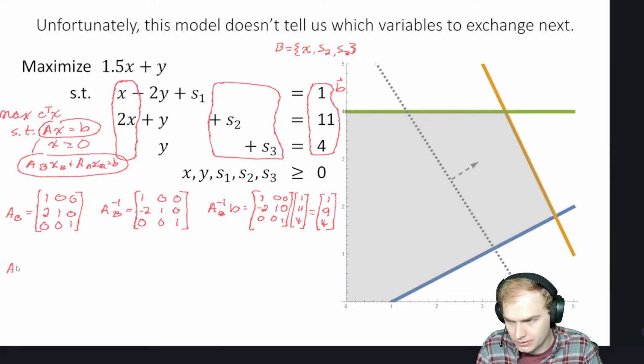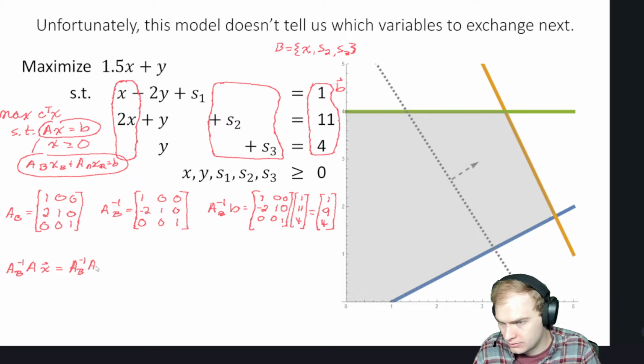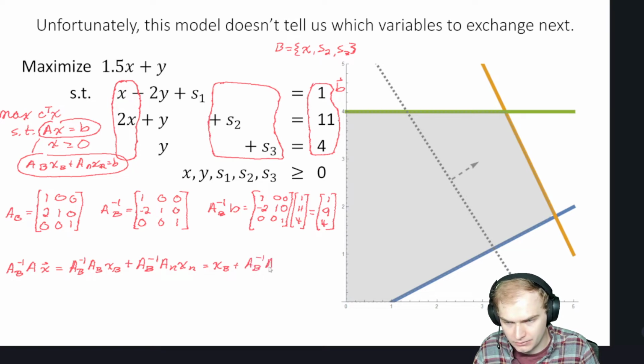So we're going to do that by AB inverse times A times X, which is of course the same as AB inverse AB XB plus AB inverse AN XN, which is XB plus AB inverse AN XN.